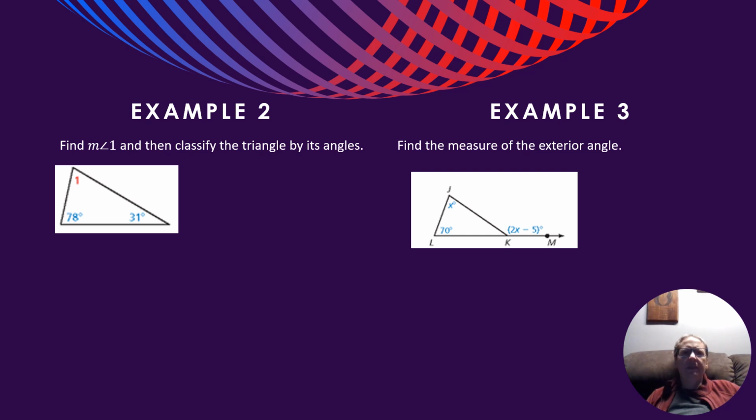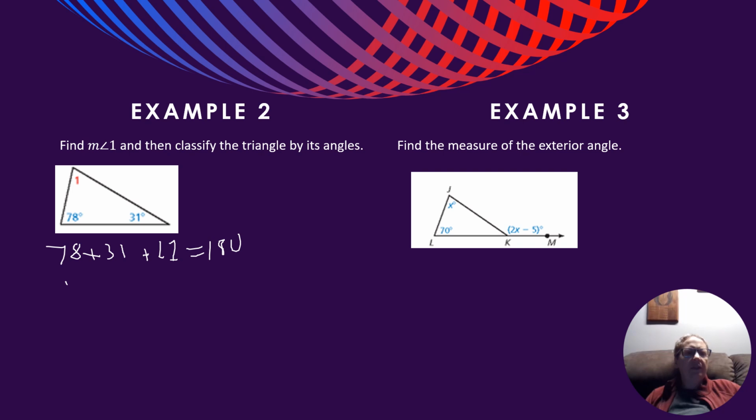All right, in example 2, we are asked to find the measure of angle 1 and then classify the triangle by its angles. So in every single triangle, the three angles add up to 180 degrees. So I have 78 and 31 and angle 1, all adding to 180 degrees. So I'll take the 78 and the 31 and add them first.